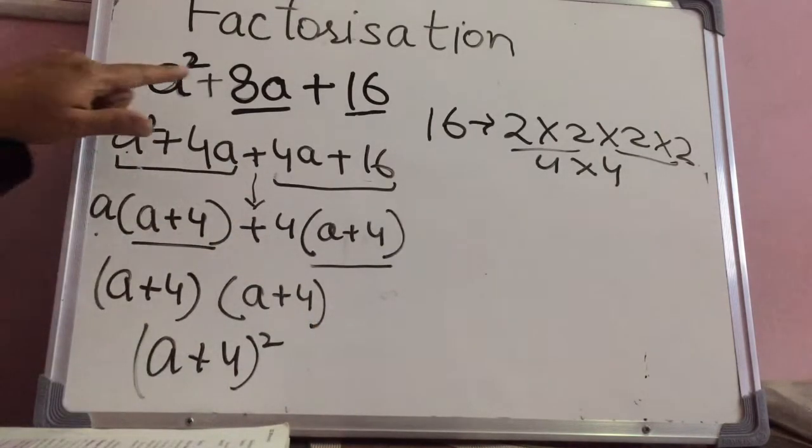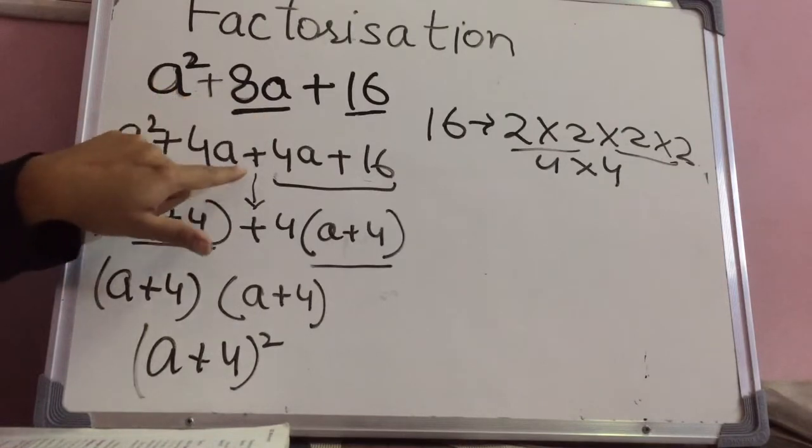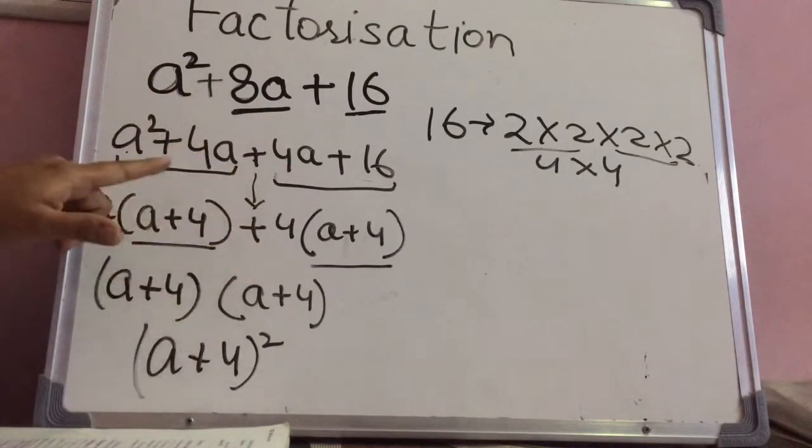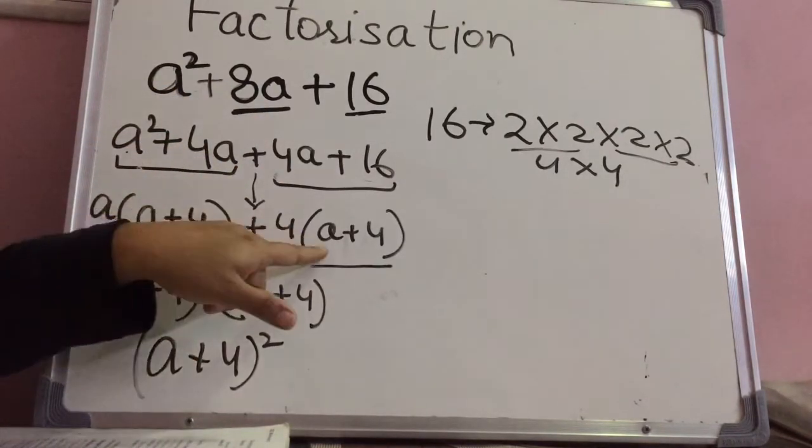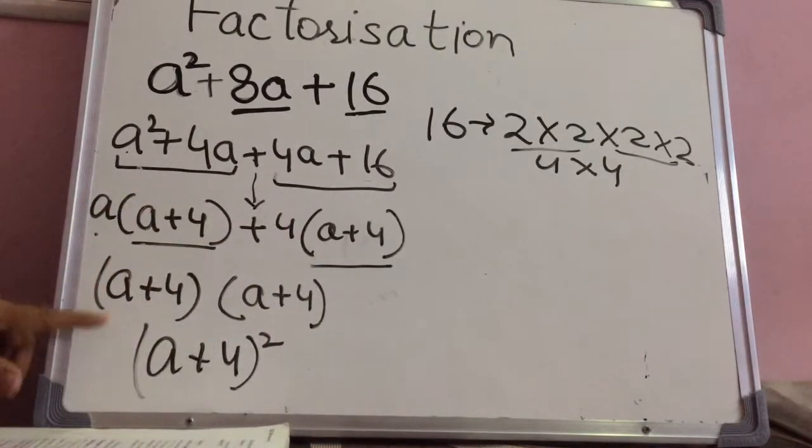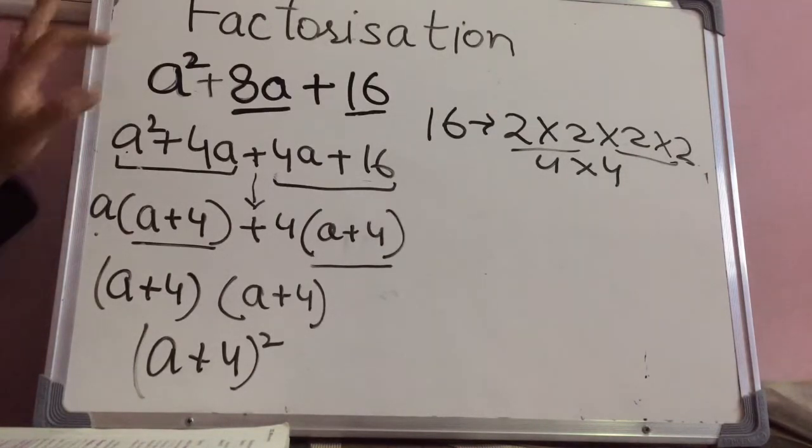Right? On splitting this middle term, we get 4a, 4a, and then by taking common, we get these 2 terms, and from taking common from these 2 terms, we get this as a factor. So on factorizing this, we get 2 factors that both are same, a plus 4 whole square. The factorization of this term is this.